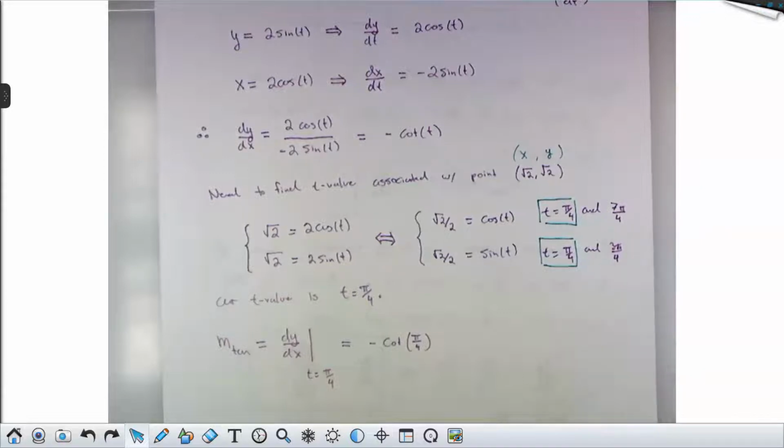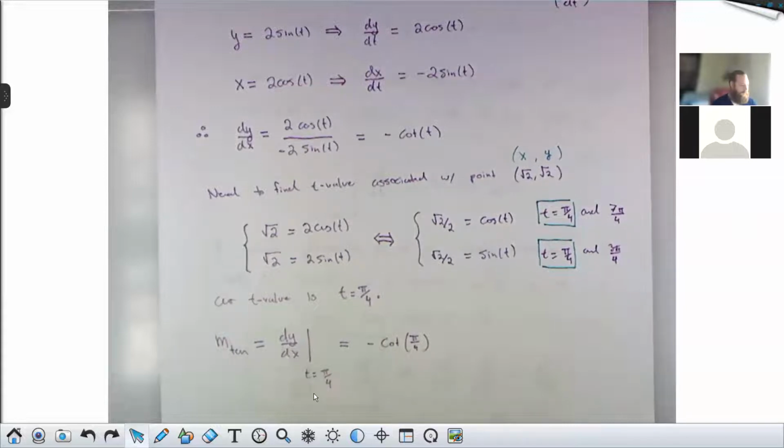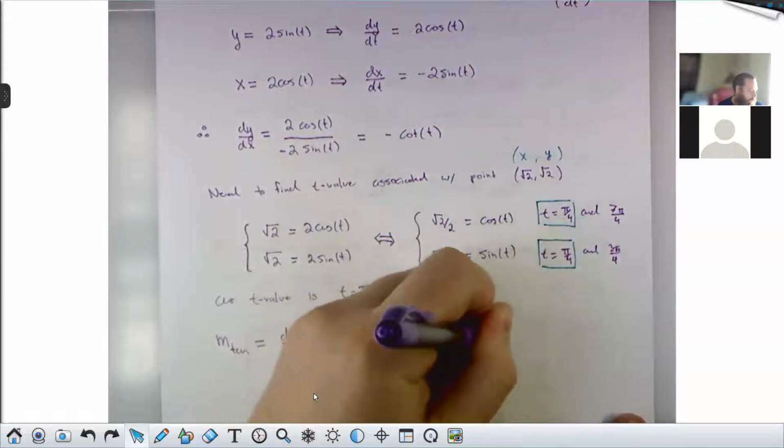What is the cotangent of pi over 4? Yes, very good. That's 1. So this is negative 1.